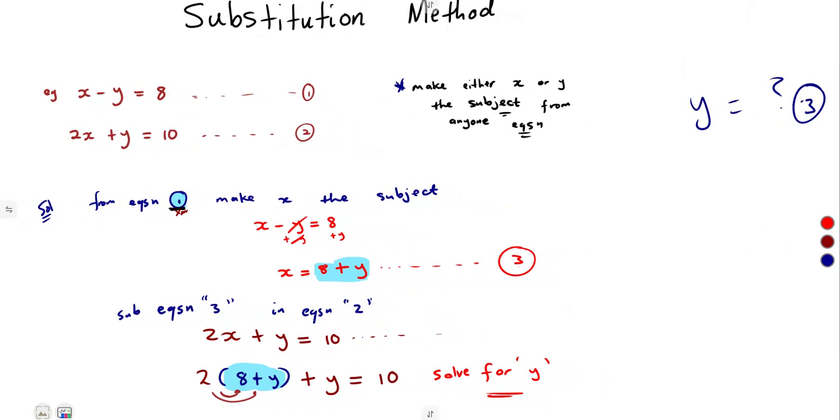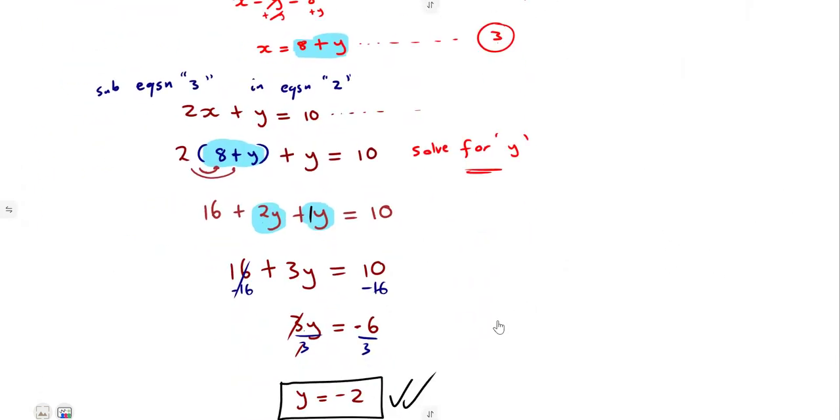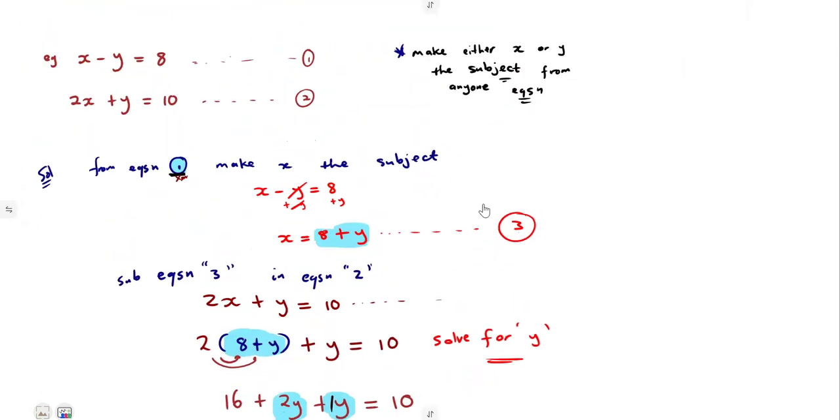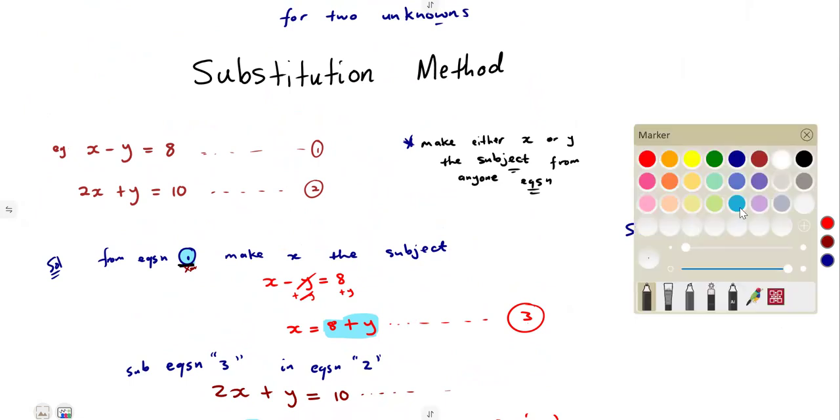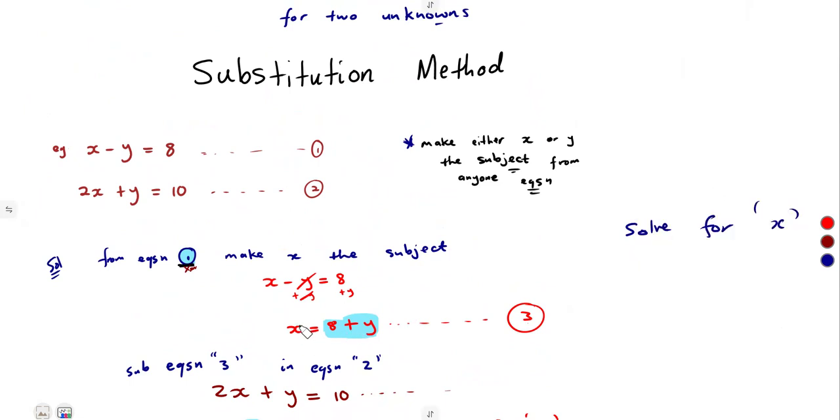So you're going to substitute in any one, and the easiest one is equation 3. Why equation 3? Because x is already the subject. Remember, you need to solve for x, so it is easier for you to take equation 3 because x is already the subject.